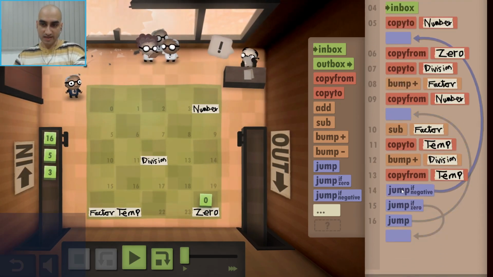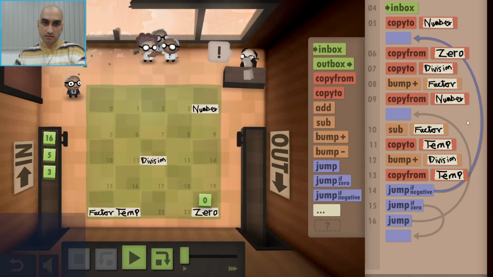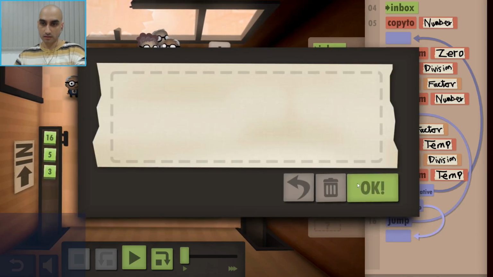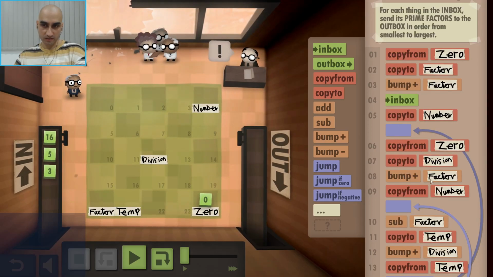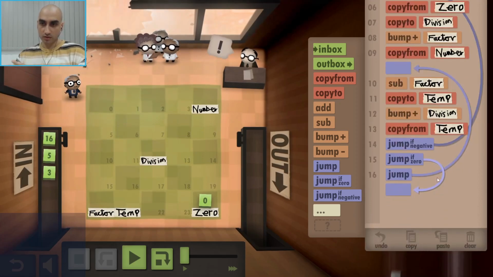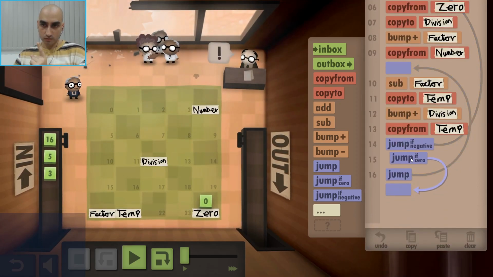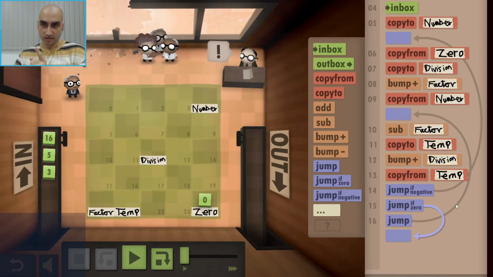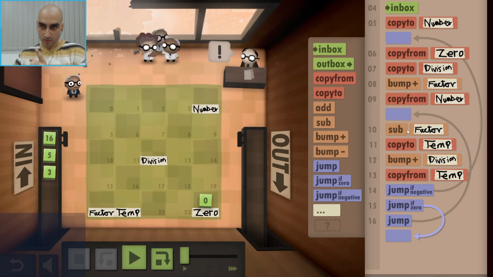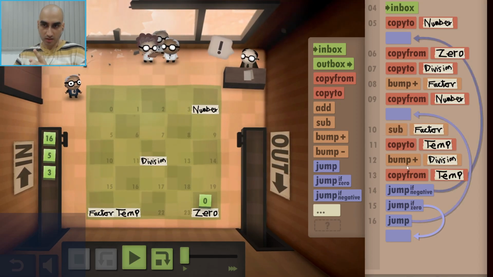And the moment it's negative, that means division is useless, and we'll move on to the next factor. So we reset division to 0, bump the factor, move, carry on. Okay, good. If it's 0, division should correctly be telling us how many times we did the subtraction, right? Yeah, because every sub is paired with a bump.